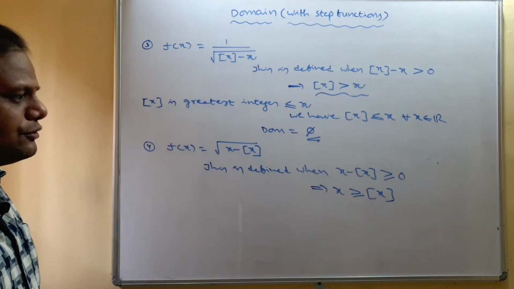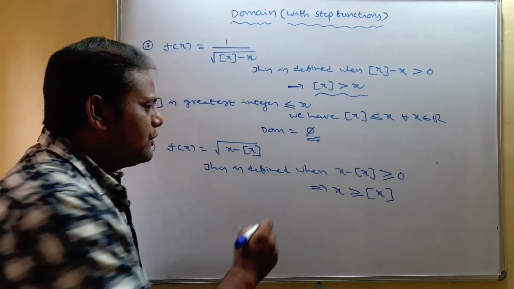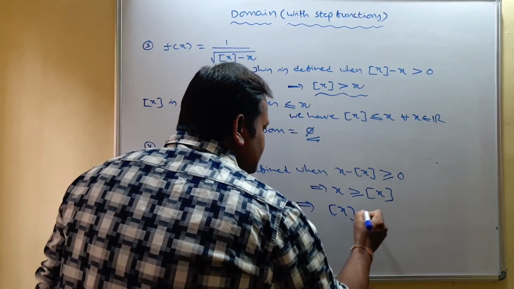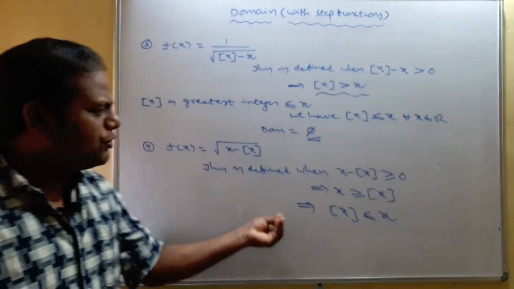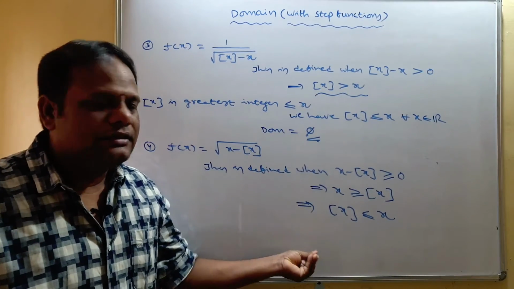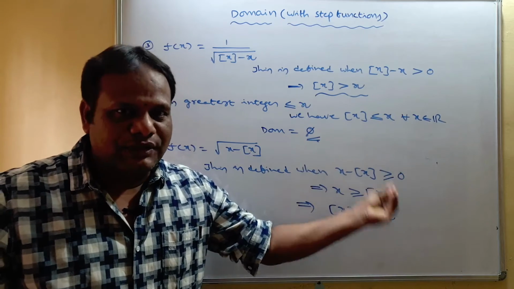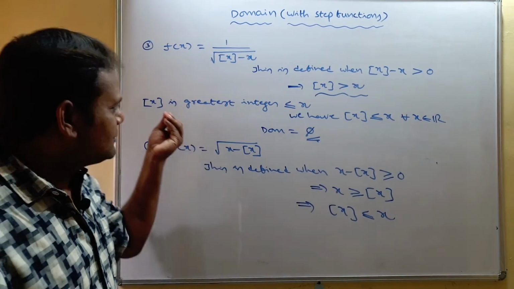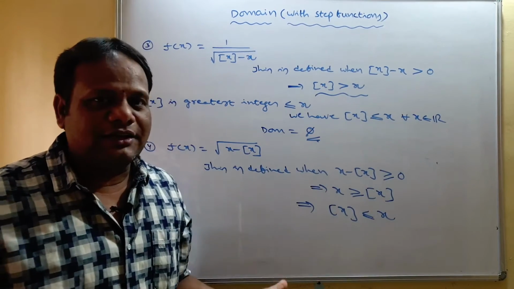So x greater than or equal to step x means step x is less than or equal to x. We know that step x is always less than or equal to x for all x belonging to R. Step x is the greatest integer less than or equal to x.